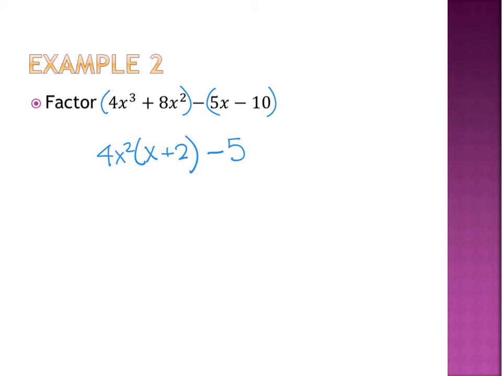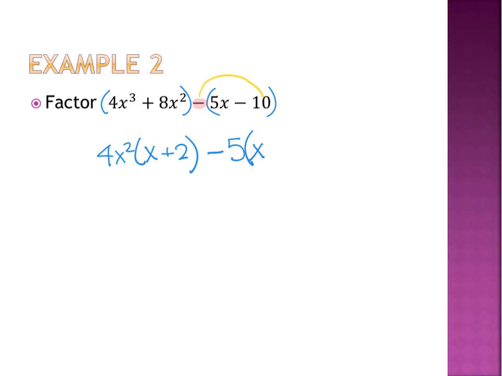Now, I want to take a quick second and show you that when you have a subtraction in the middle, this is slightly different, because I'm actually factoring out a negative 5. Because I'm factoring out a negative 5, I have an x here, and I need to think to myself, what do I multiply a negative 5 by in order to get that negative 10?